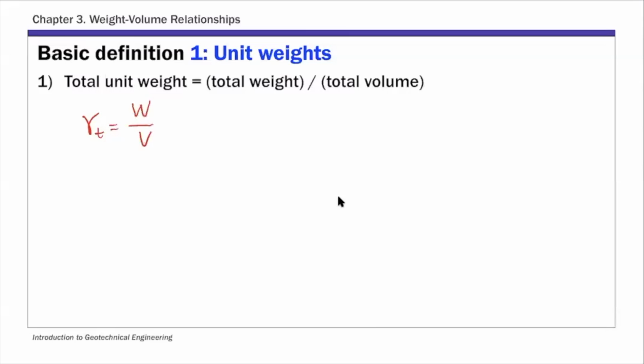And this total weight we just defined is basically weight of solids plus weight of water, over total volume. Okay. So I'll add a note here. Unit weights are all weights over volume, just different weights and different volumes. So this is the total unit weight definition, total weight over total volume.